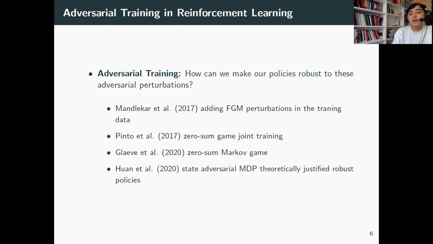Here again, they have a different definition for an adversary who is allowed to take natural actions in a given environment instead of the Lp norm bounded perturbations. And quite recently, Zhang et al. proposed a state adversarial MDP. In this paper, the authors claim that their proposal obtains theoretically justified robust policies. And we will be talking about this work.